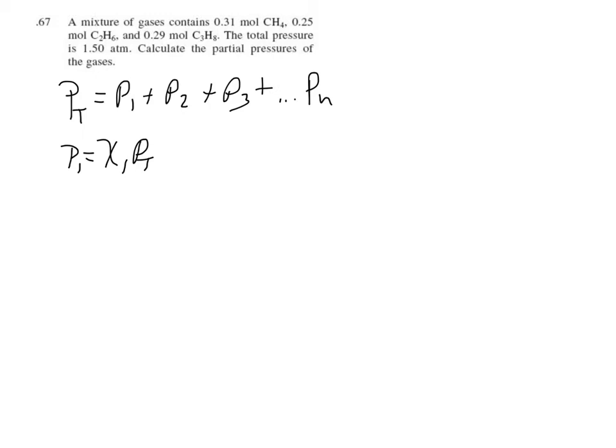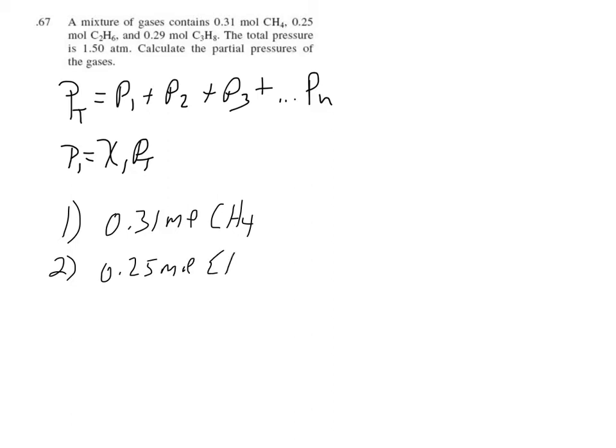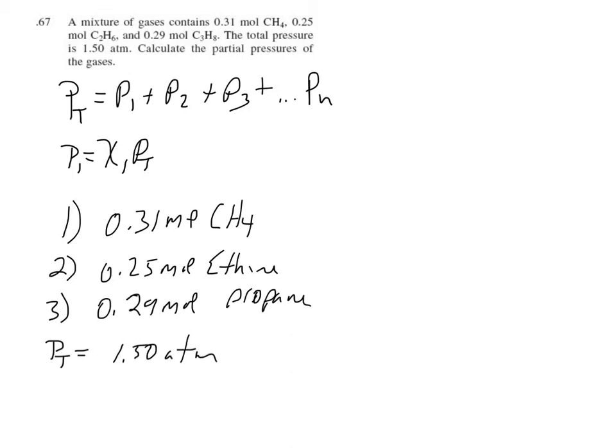So what we need to record here is gas 1 is 0.31 moles of methane, gas 2 is 0.25 moles of ethane, and gas 3 was 0.29 moles of propane. And our total pressure is equal to 1.50 atmospheres.